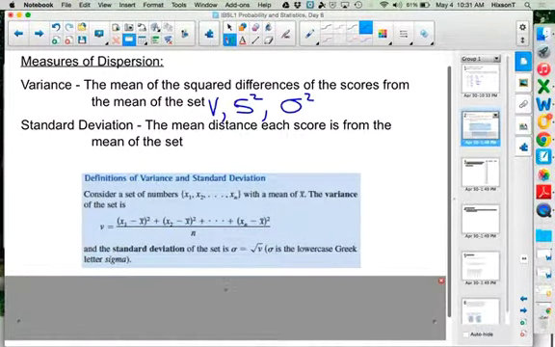Your book just uses V, and using your book's definition, V is that population variance. So we're not taking into account any kind of sampling or anything.